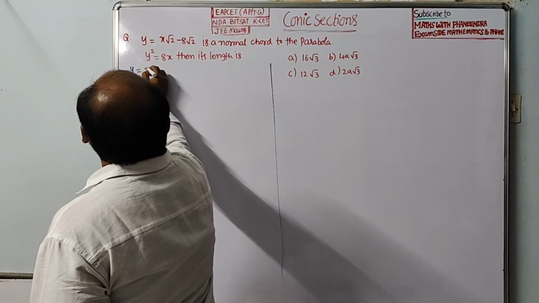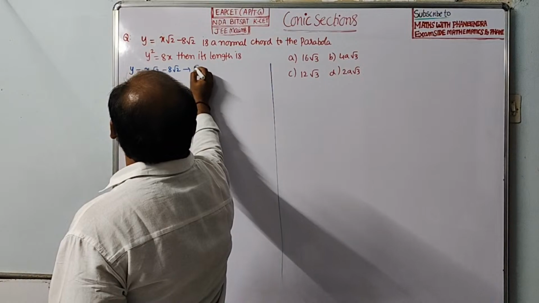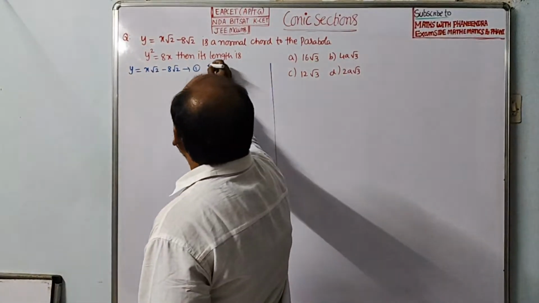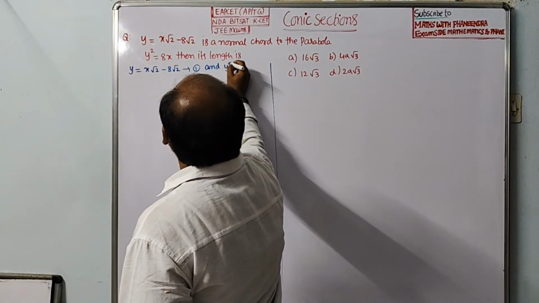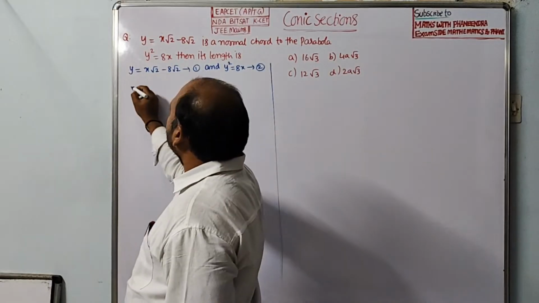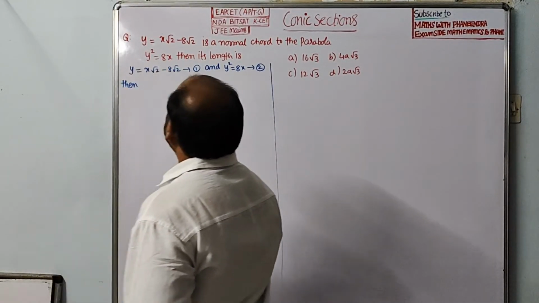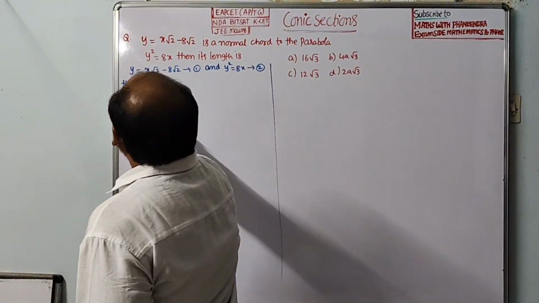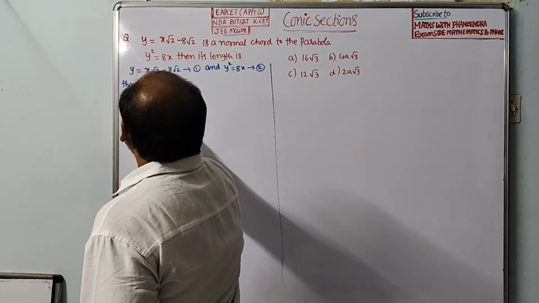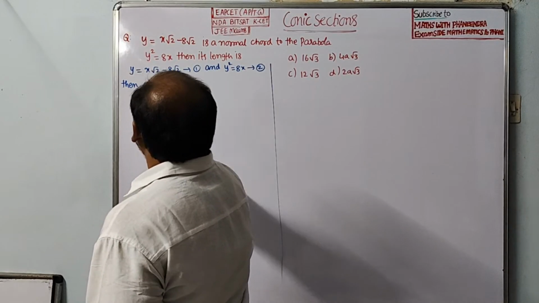Y is equal to x root 2 minus 8 root 2, equation number 1, and y square is equal to 8x, equation number 2. So then, substitute the y value in this. X root 2 minus 8 root 2 whole square is equal to 8x.